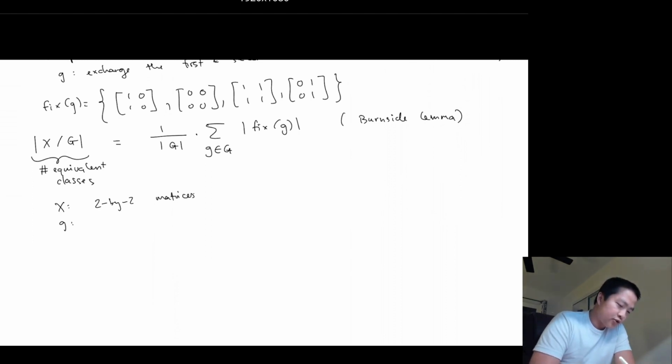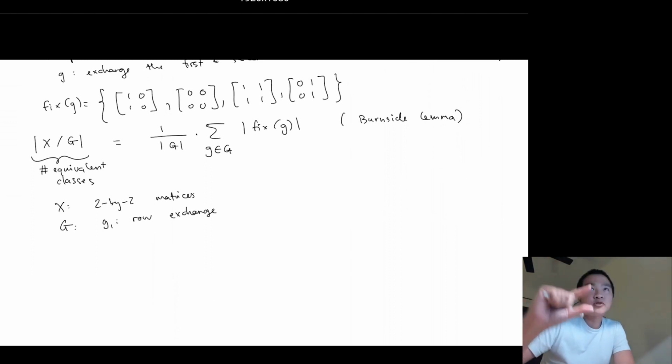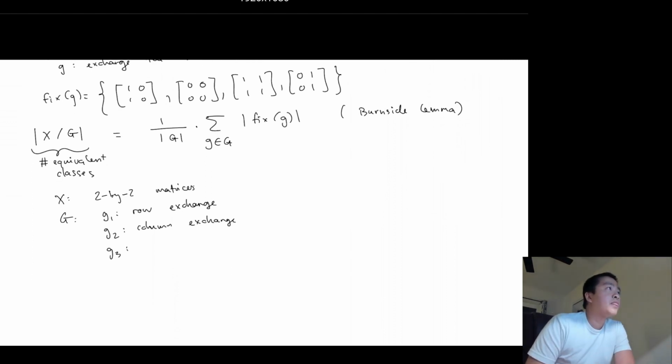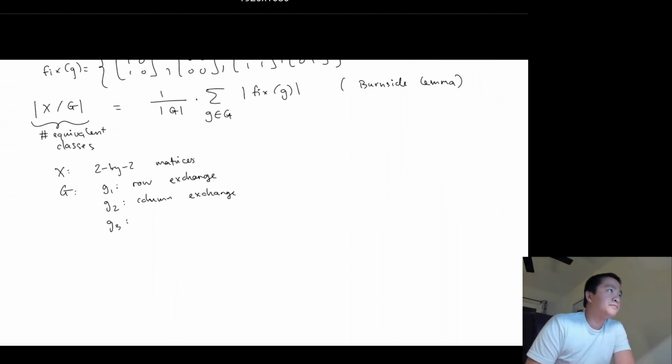Okay, so the group G, you have the following functions: G1 to be, let's say, row exchange. So you can swap the first and the second row. G2, you can have column exchange. And G3, you can have both.